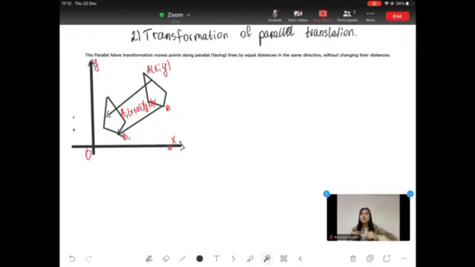Second, transformation of parallel translation. The parallel move transformation moves points along parallel lines by equal distances in the same direction without changing their distances. Let's set the points A1, x plus a and y plus b, corresponding to the point A, x, and y, in the Cartesian coordinate system in the plane, where a and b are constant numbers.